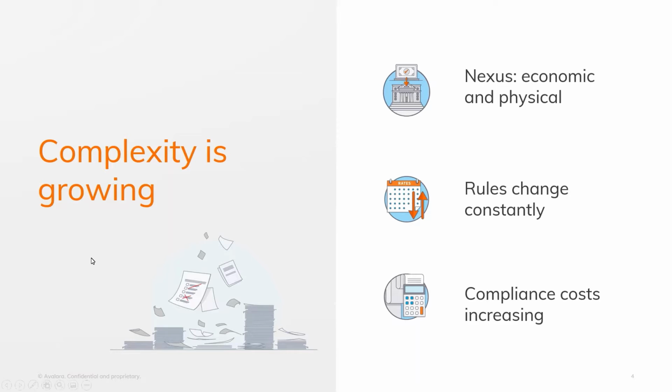The states have lost revenue, just like a lot of businesses have, and so these rules are changing so that they can try to recoup some of that lost revenue. And with all of that, the cost of compliance is increasing. It's costing businesses a lot more to keep up with all these changes and make sure that they are in compliance.